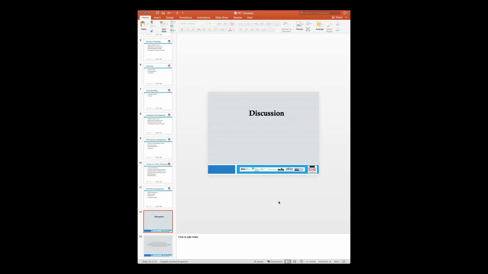In terms of reading, there's a lot of material available on contemporary issues in general on the internet, and obviously on Moodle as well.